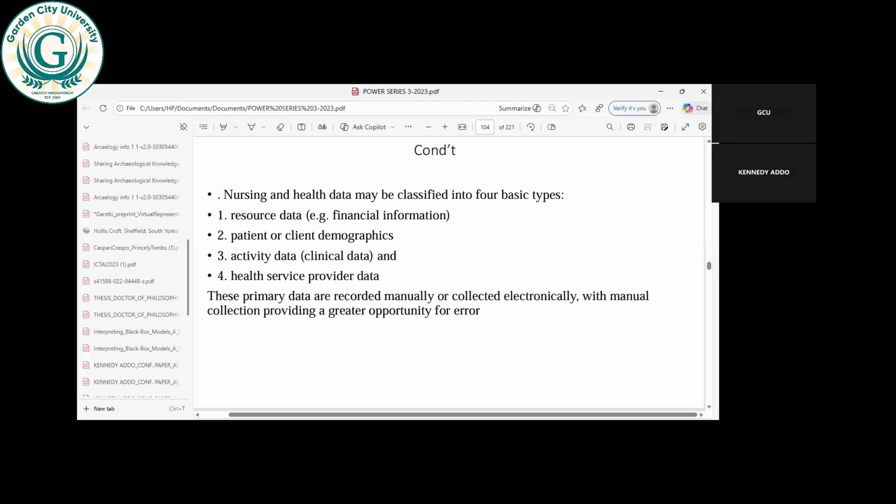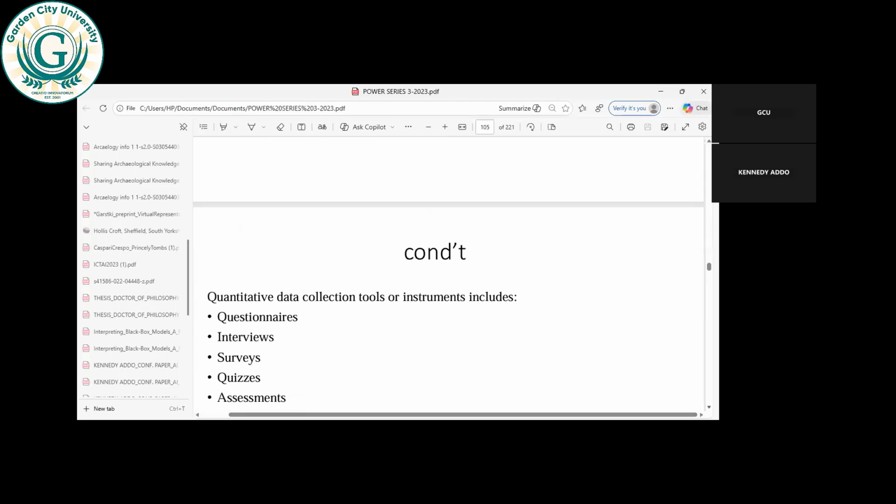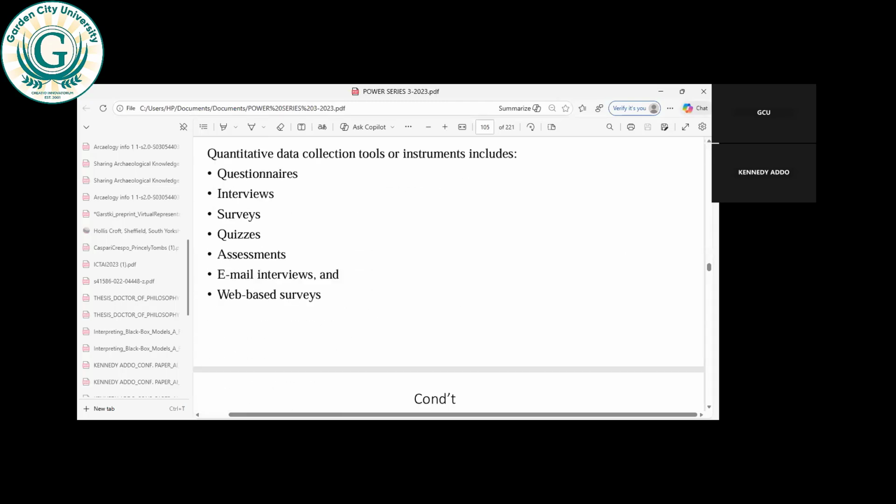So these primary data are recorded manually or collected electronically, with manual collection providing opportunity for error. Research shows that data recorded manually are prone to errors, and therefore we can improve upon this through the introduction of what? Electronic health records. Then quantitative data collection tools.